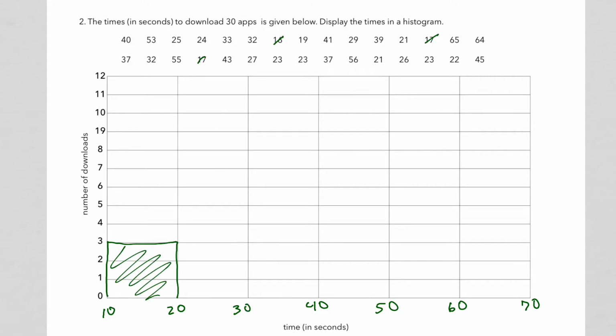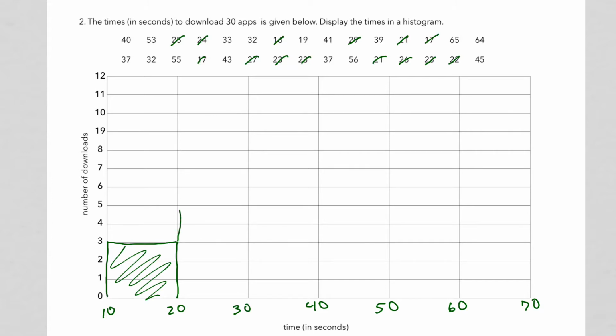Then we need to know how many are between 20 and 30. I have 1, 2, 3, 4, 5, 6, 7, 8, 9, 10, 11.